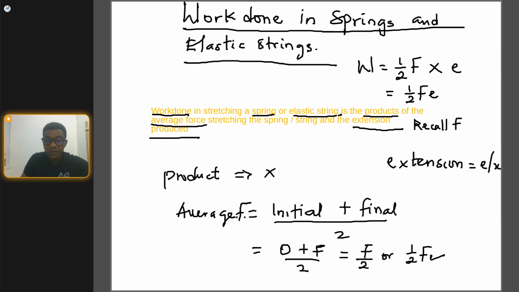that F, which is force, is equal to Ke, where K is the elastic constant and E is the extension.